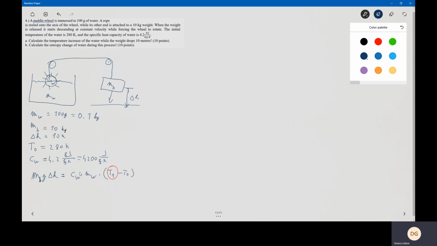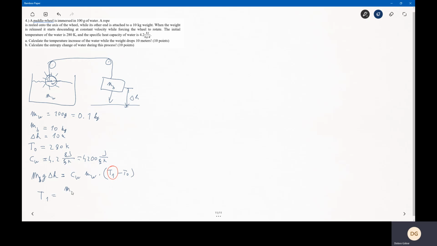Okay, so from this T1 equals, I had this MB times G times delta H on the other side, and I also have to bring this CW times MW times T0 to the other side. You can see that here it was a minus sign.